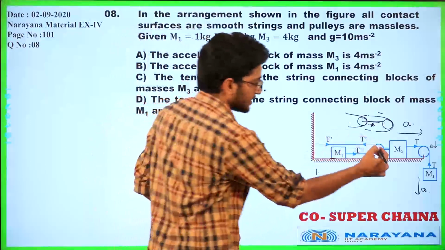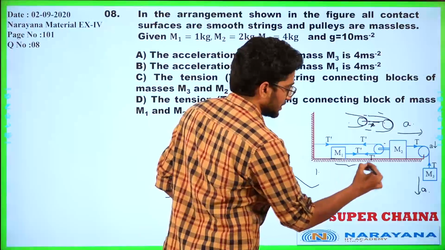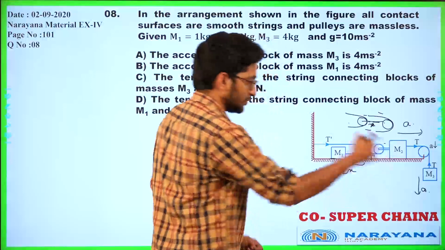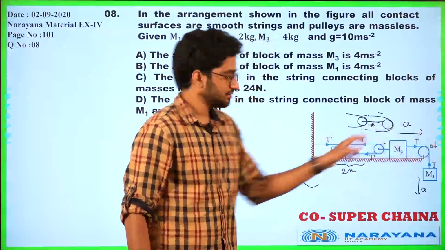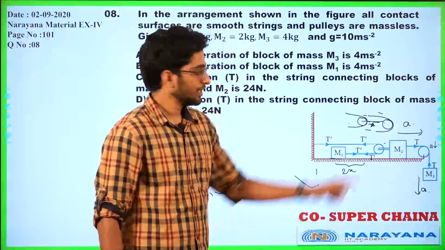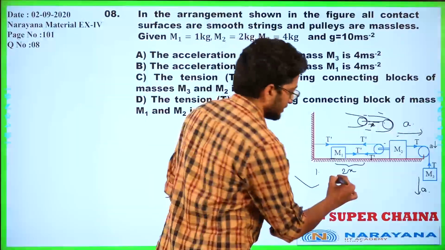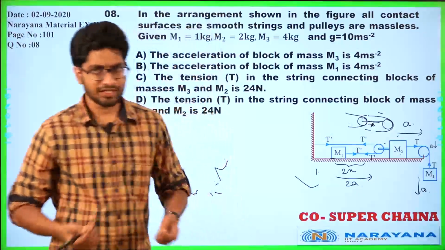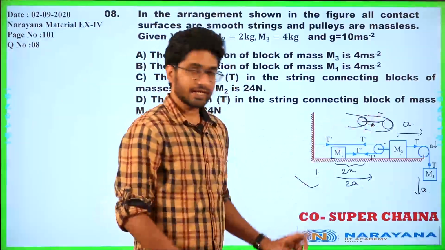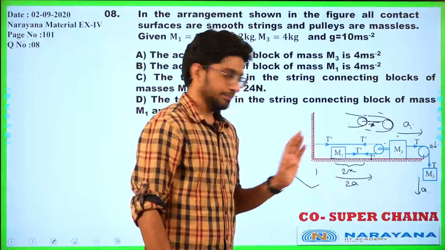So where does that extra thread 2x come from? Only if this moves forward by 2x. So if the block m2 moves by distance x, this block should move by 2x. So if its acceleration is a, its acceleration is 2a. So I have the basic constraint relation, that is the relation between their accelerations, a and 2a.